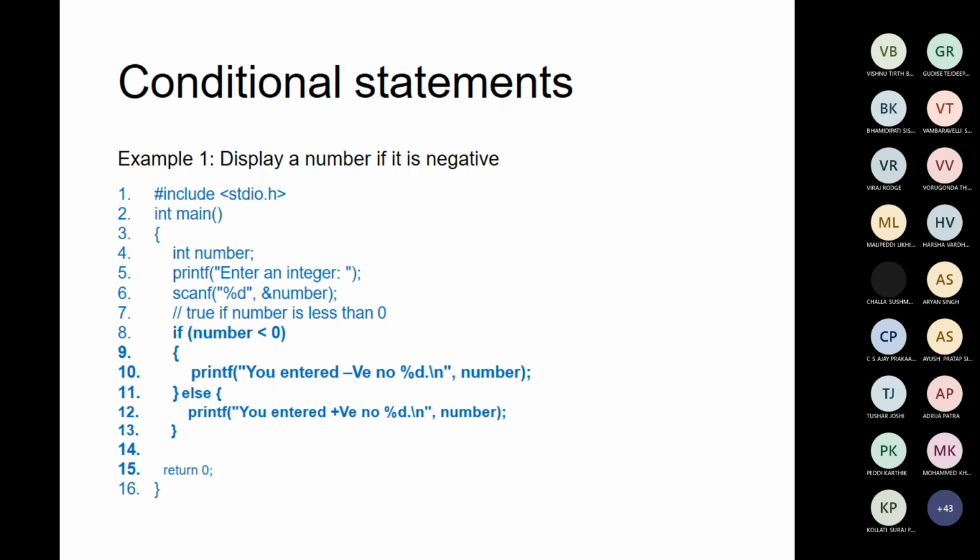But the other two blocks are executed based on the condition provided in the if statement. If number is less than 0 is true, then the second block will be executed. Otherwise, the third block will be executed. So execution of the second and third blocks is mutually exclusive. Either one of them will happen, not both. Is this basic idea clear to everyone?